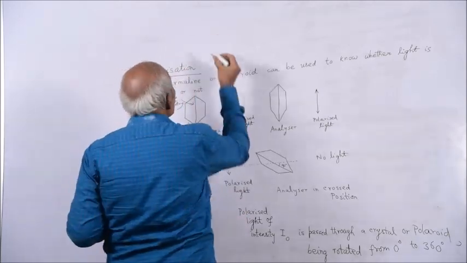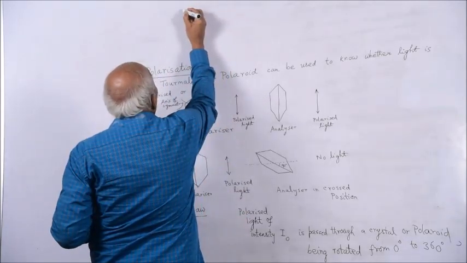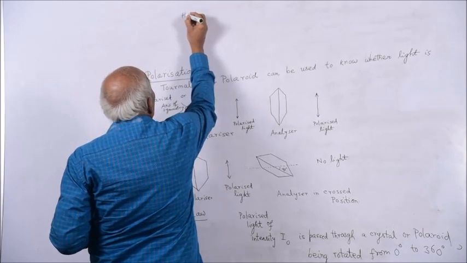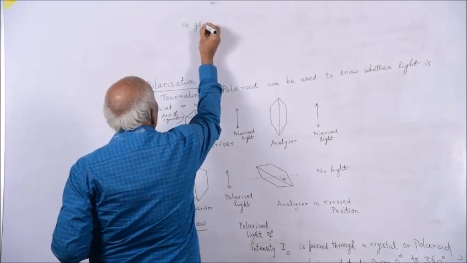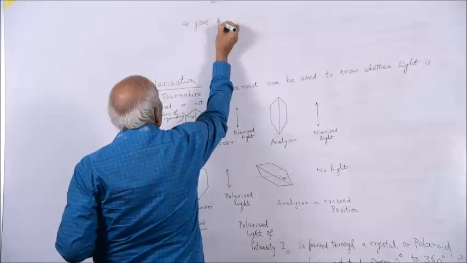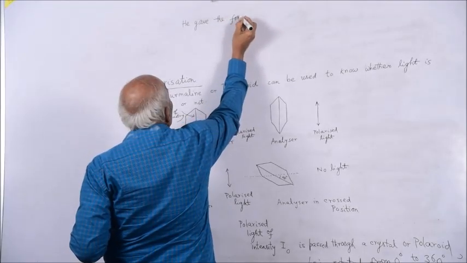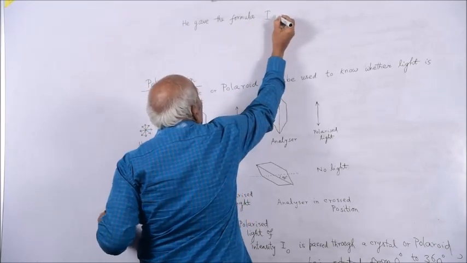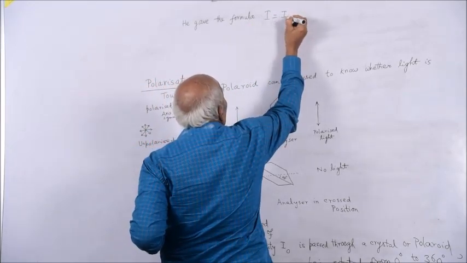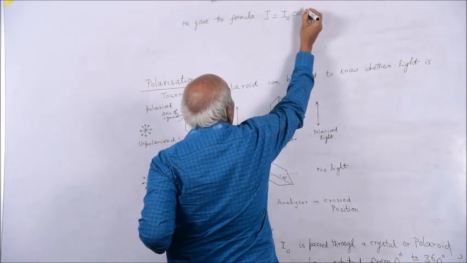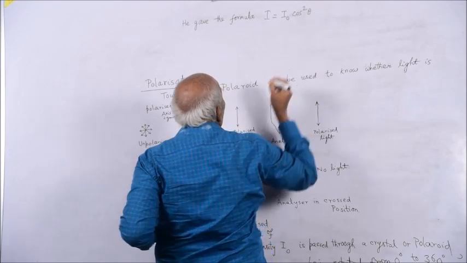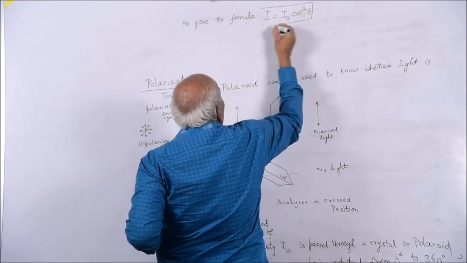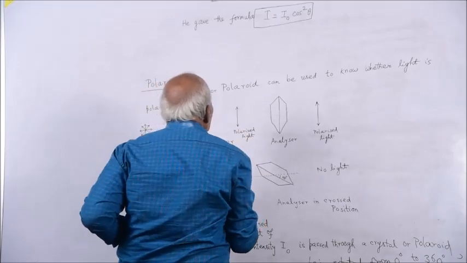So, he gave the formula I is equal to I0 cos square theta. So, this is your Malus law.